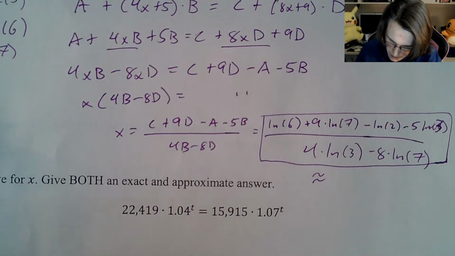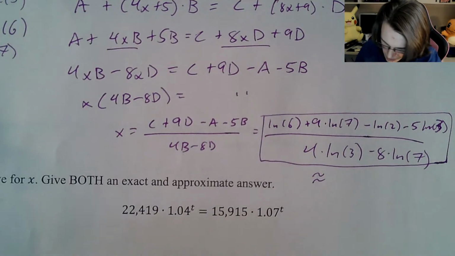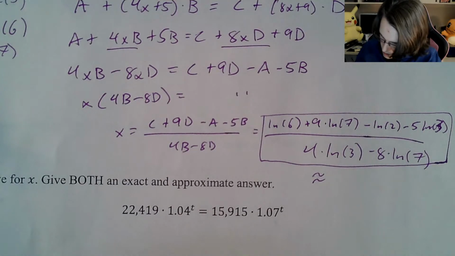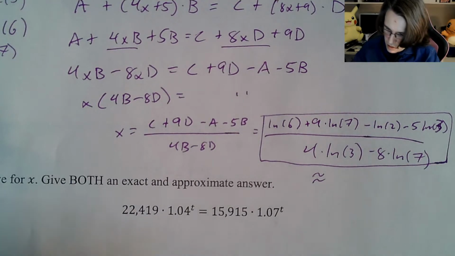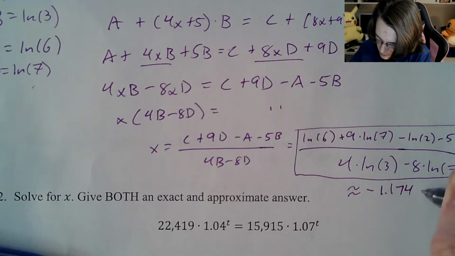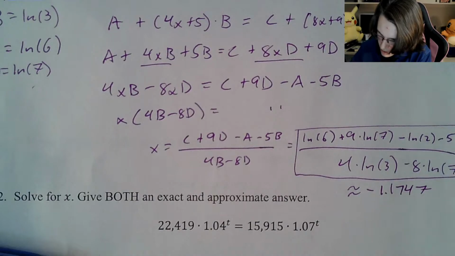There we go. 4 times the ln of 3 again, minus 8 times the ln of 7. And if you type all that into the calculator, you end up with negative 1.1747 after rounding.